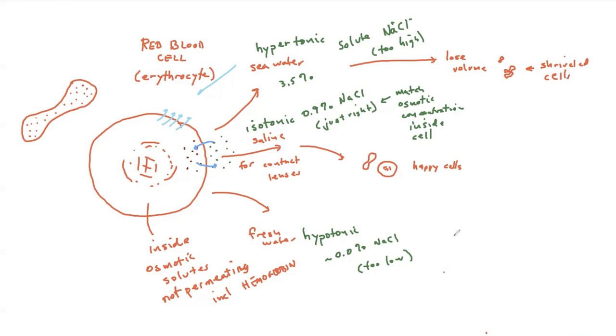Right? Now, in the case of hypotonic freshwater, remember the concentration outside is practically nothing. Concentration inside is high, and so you'd have movement of water into the cell, which basically increases the volume. The volume goes up until it reaches a point where the pressure is so great, it causes the cell to explode, right?